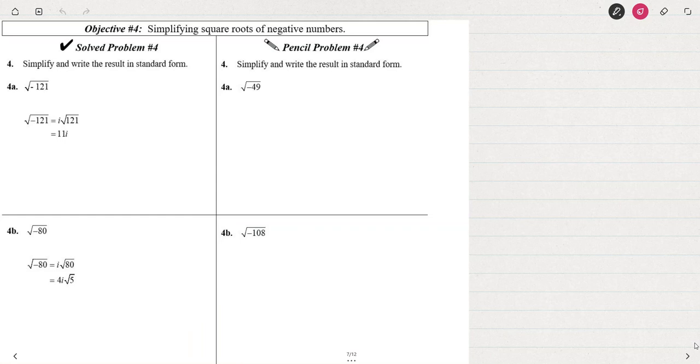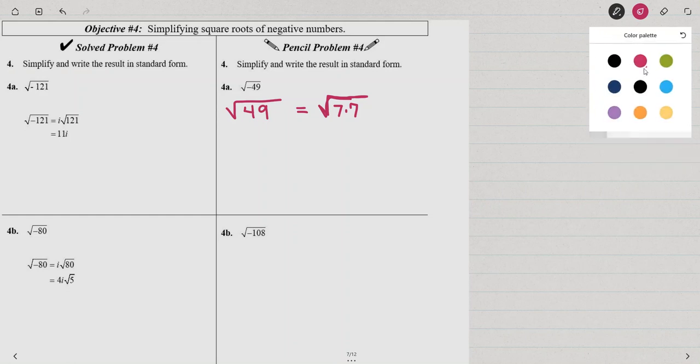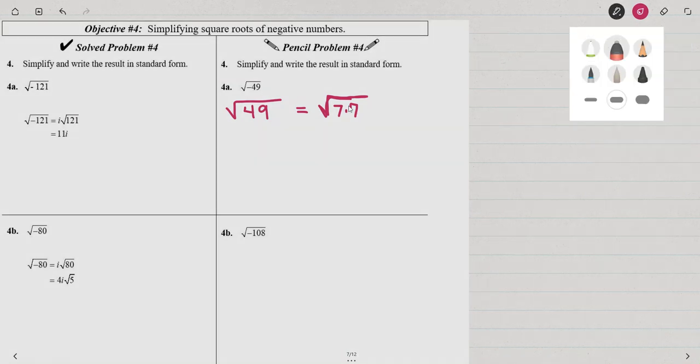What you'll need to recall is how to simplify a radical. If I just had a 49, I could see that as a 7 times a 7. So I'm multiplying two 7s to get a 49. Whenever you get a pair of numbers in a square root, you can remove them.